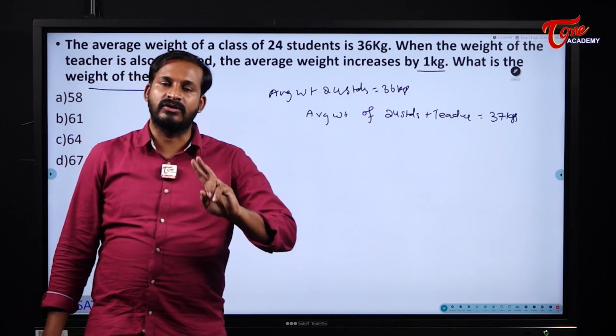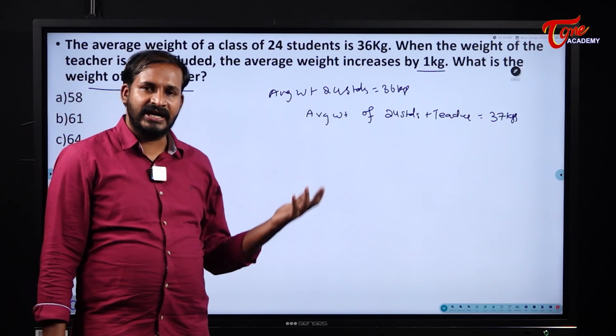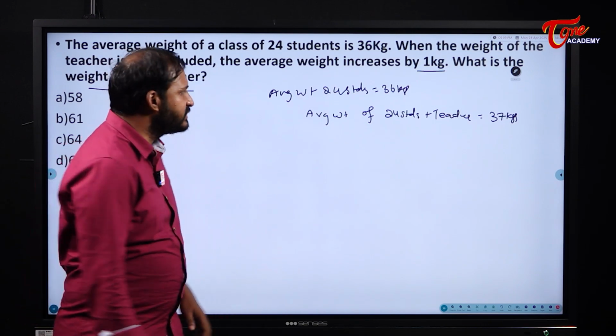See here students, you can solve it in 2 ways. One is the general and standard procedure and the other one is a shortcut. Now we will see both of them.